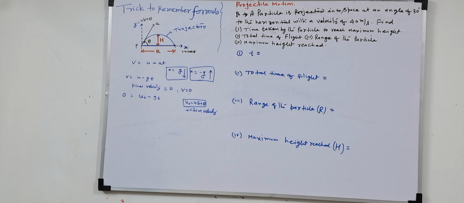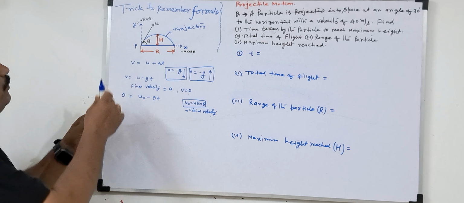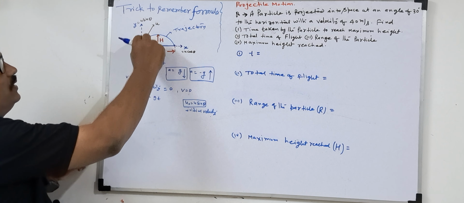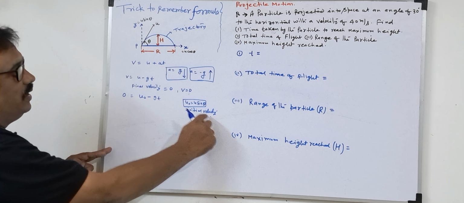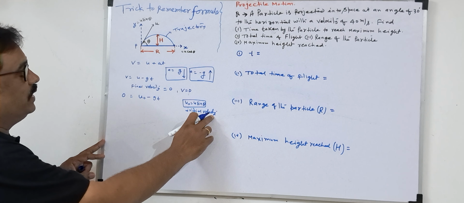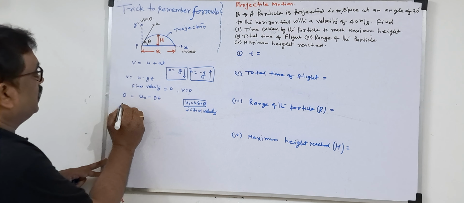Why is this the initial velocity? If any projectile launches, the initial velocity in the vertical direction is U sin theta. So substitute the initial velocity here.